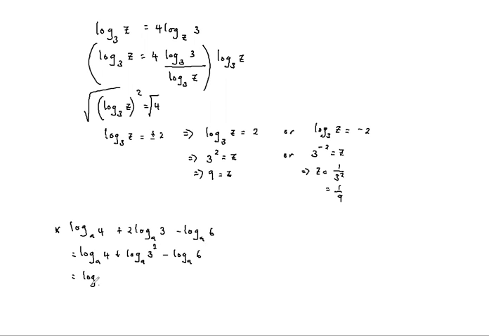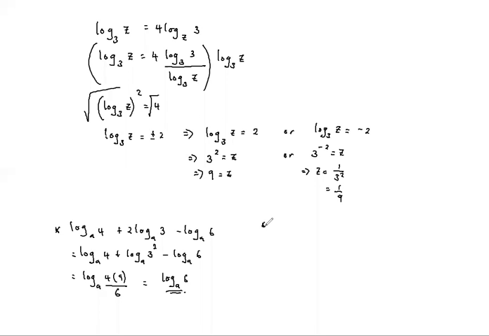The ones that are adding, you multiply 4 by 3 squared, that's 9, and then divide by 6 because you're subtracting. So it will become log a of 4 times 9, that is 36, 36 over 6, you get 6. This is a single logarithm.